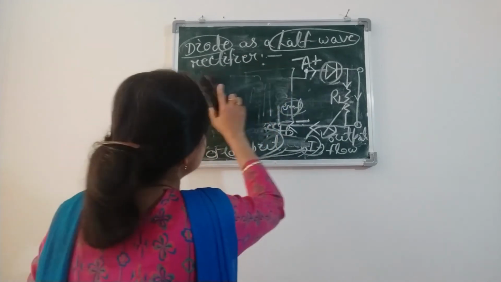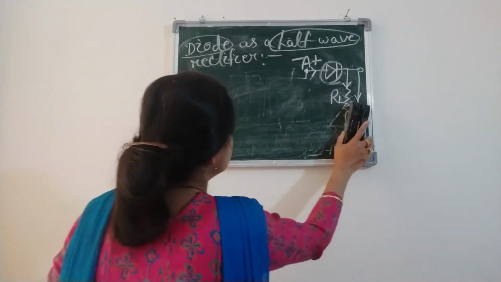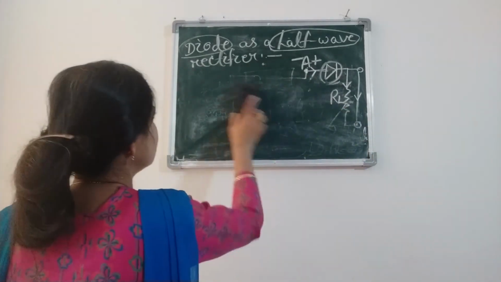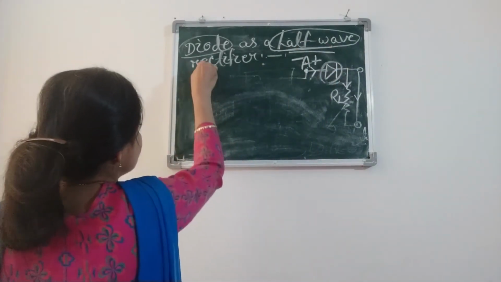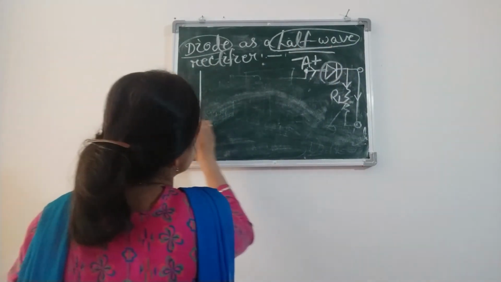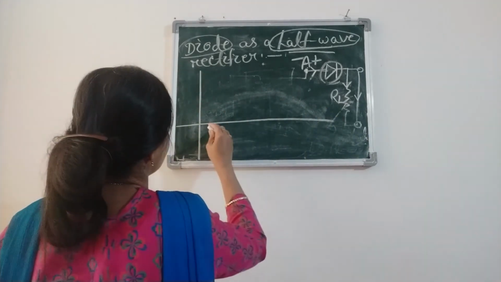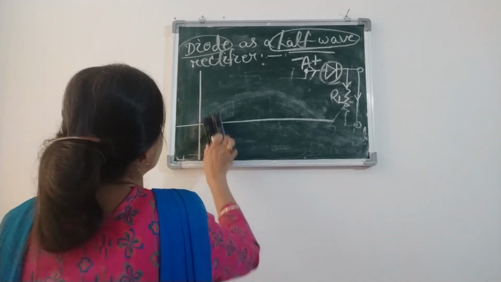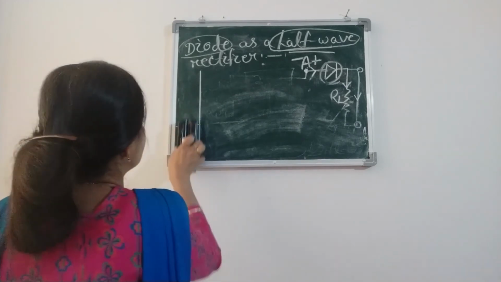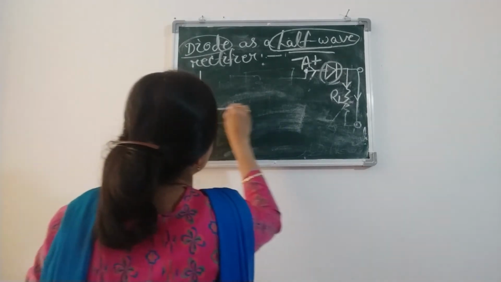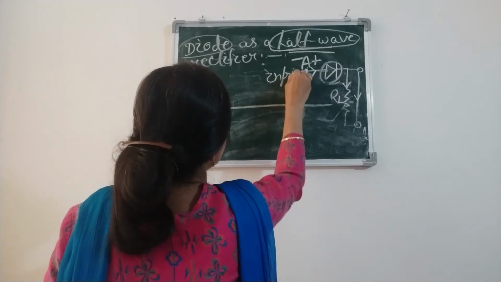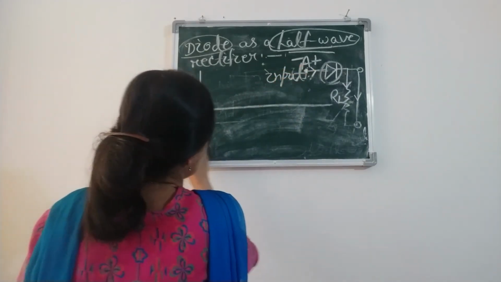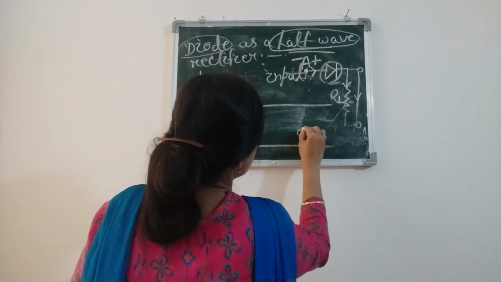Hence, if we want to study the output and the input characteristics of half wave rectifier, then suppose this is for input and this is for output.